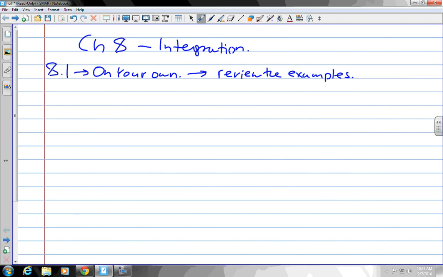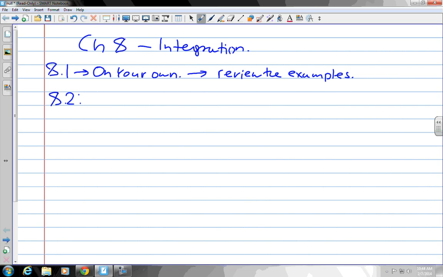Now 8.2, that's where we're going to start. Okay, so from Calc 1 you did the whole U substitution thing, and the purpose of that was to reverse the chain rule, right? That's when you do the U substitution. That's why you have a function and the derivative of the function attached to it, so that's the chain rule.